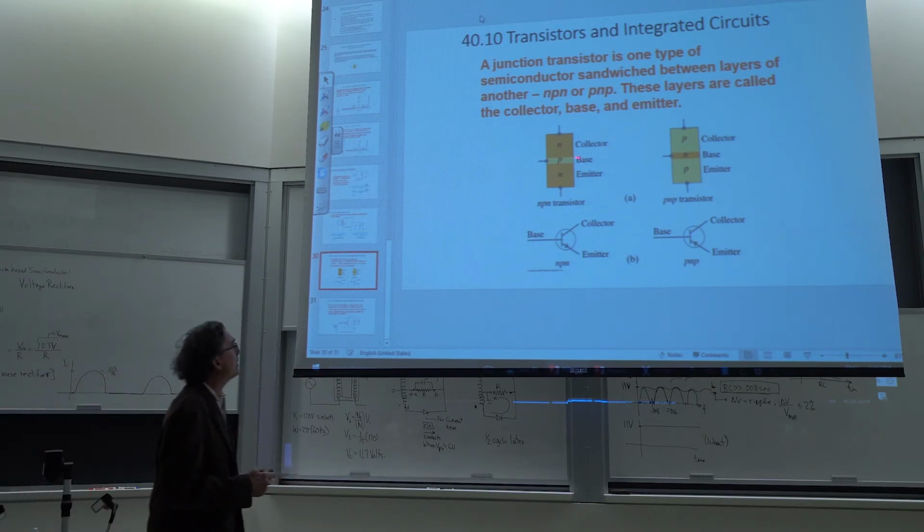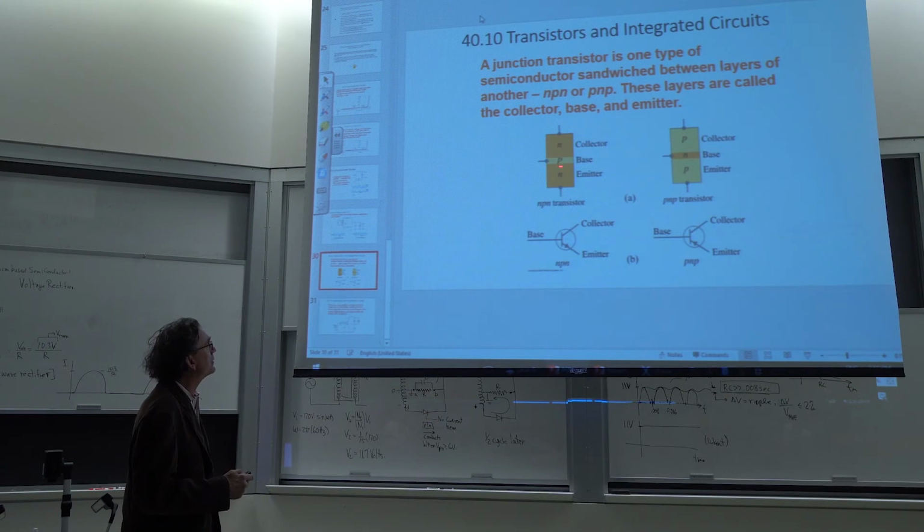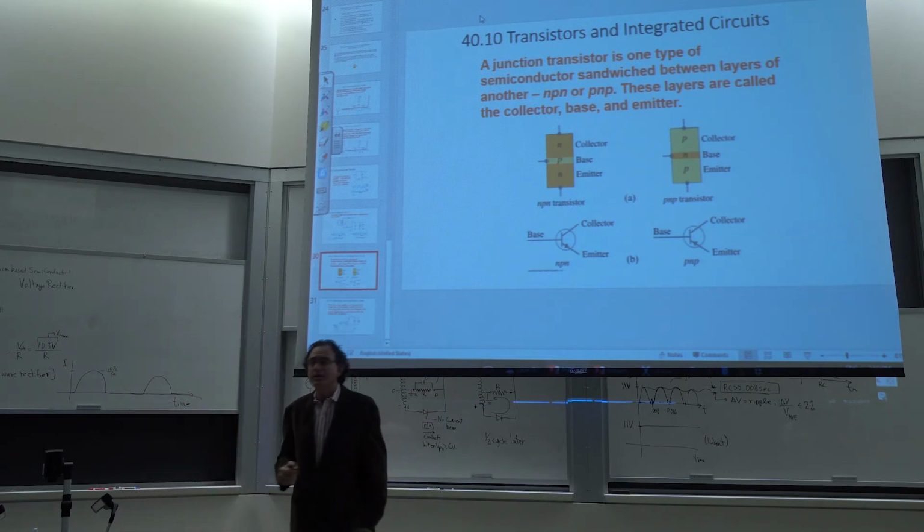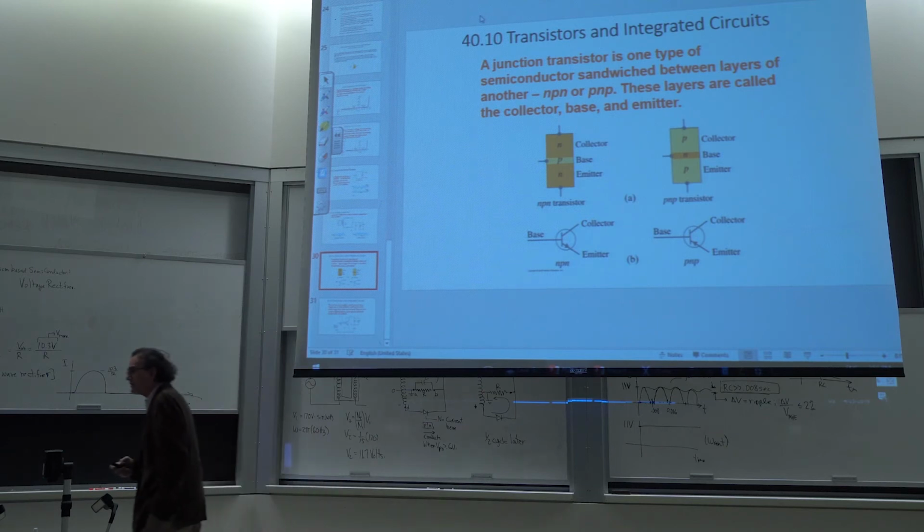But it does depend on the fact that this is a very, very thin layer, typically less than a few microns in thickness. So it's a very, very thin intermediate P layer sandwiched between two N-type carriers. Okay?